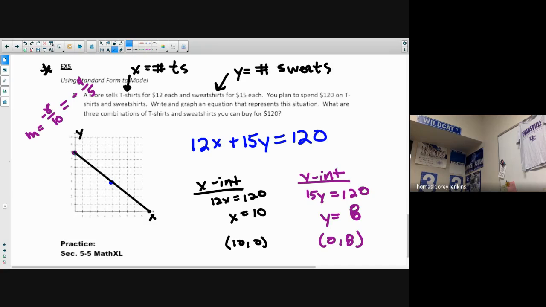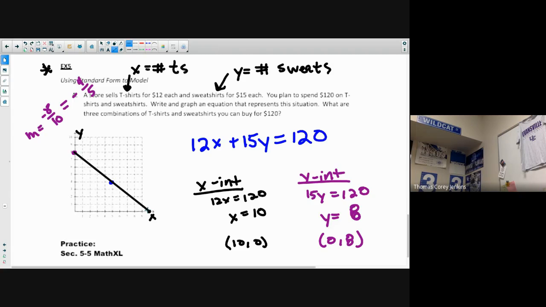But (0, 8) would be 0 t-shirts with 8 sweatshirts. (5, 4) would be 5 tees, 4 sweatshirts. And then you could buy 10 t-shirts and no sweatshirts. That's what all 3 of those combinations would mean.